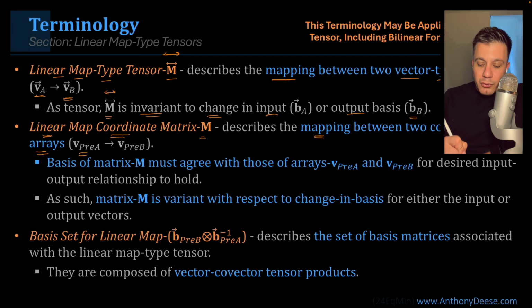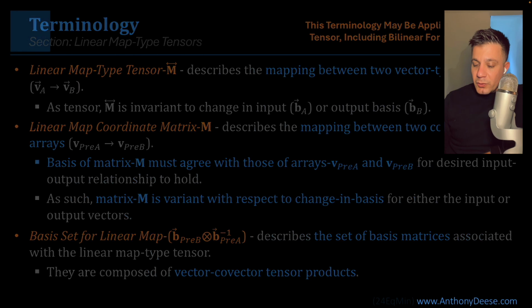So we have V pre-A. Again, we're using the pre to indicate that we haven't applied any transform to it yet, and V pre-B. So tensors map tensors, and matrices map matrices, or you could say map arrays. The basis of matrix M must agree with those of the arrays V pre-A and V pre-B.